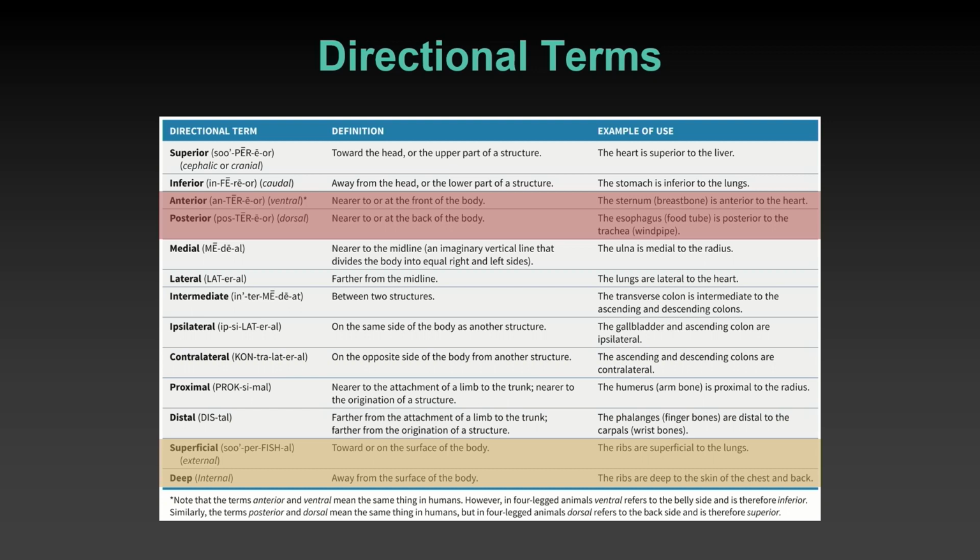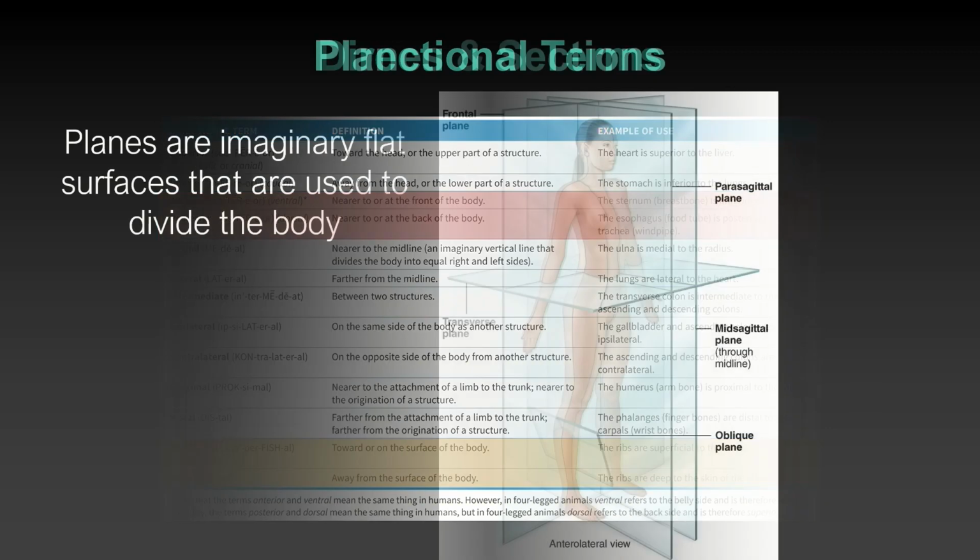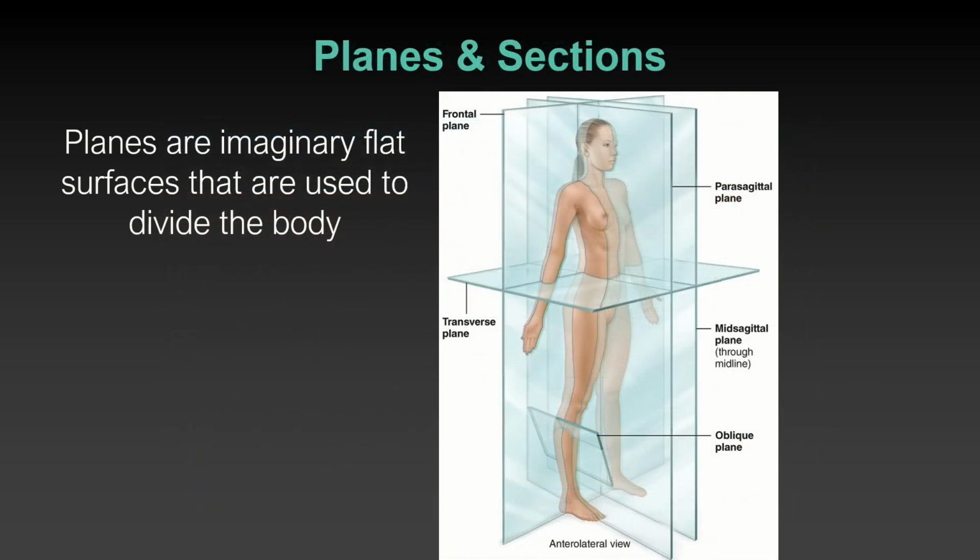Now that's nice if you can see those structures or if you have a vivid imagination. We can also use planes and sections to get a window inside the body that allows us to drill down a bit more definitively with our directional pairings.